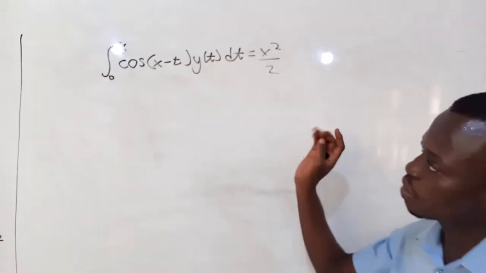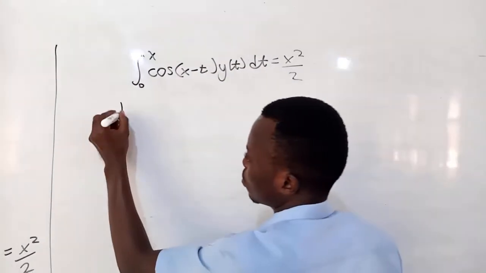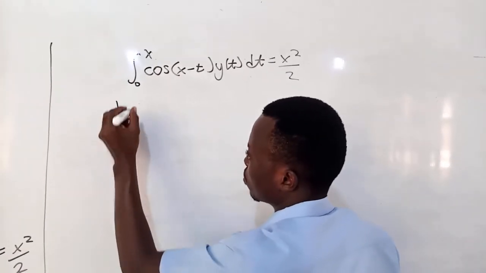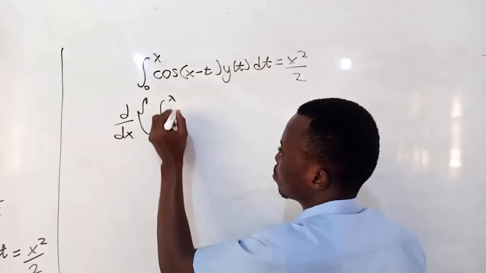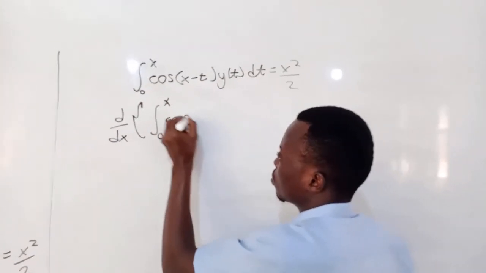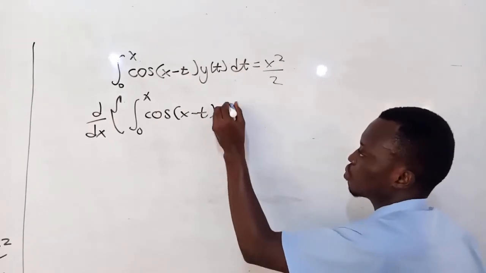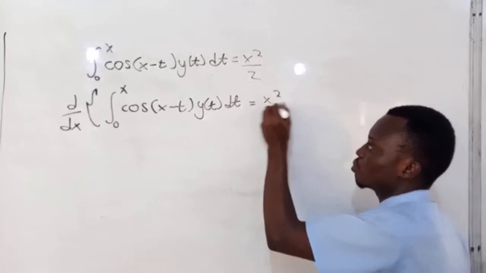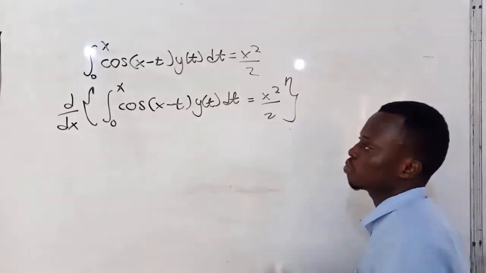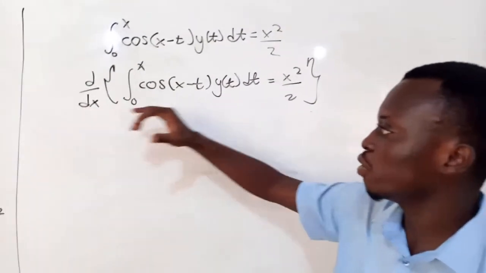This is our equation. First, we need to pass it through a differential operator. So now we are going to differentiate each of the terms.